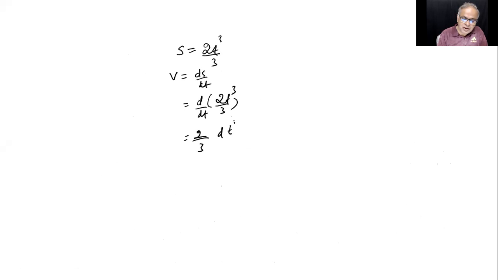D of t cubed by dt. That will be 2 by 3 into d of t cube, which will be 3 into t to the power 3 minus 1, using x to the power n minus 1. All this will be replaced by this. So how much is this? 2t square. Check back.